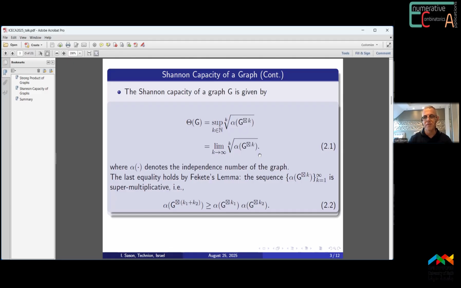Two input symbols are adjacent if they can be confused by the channel.